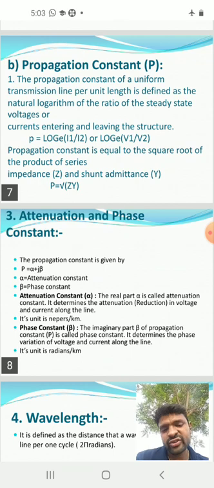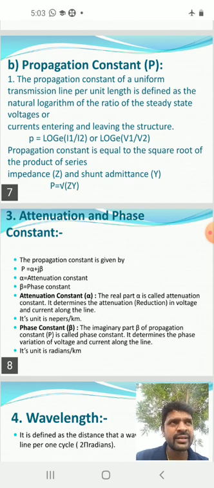Attenuation and phase constants. The propagation constant is a complex number, alpha plus j beta. Alpha is called the attenuation constant and beta is called the phase constant. Alpha is the real part of the propagation constant, and beta is the imaginary part.